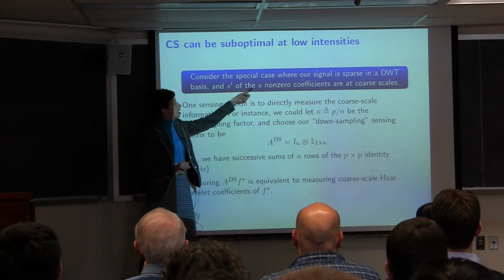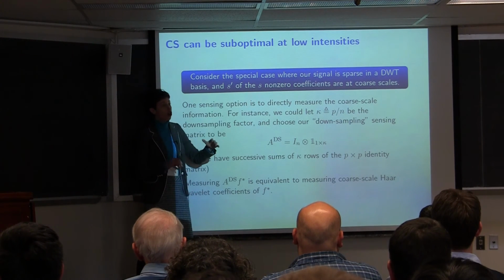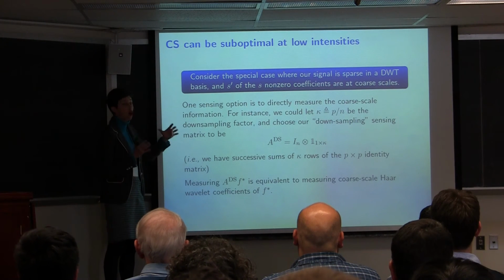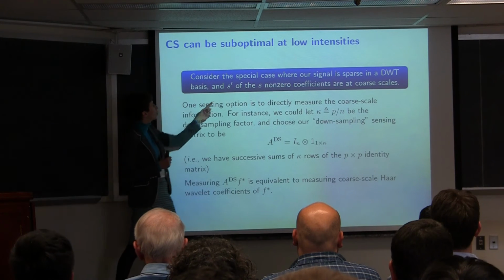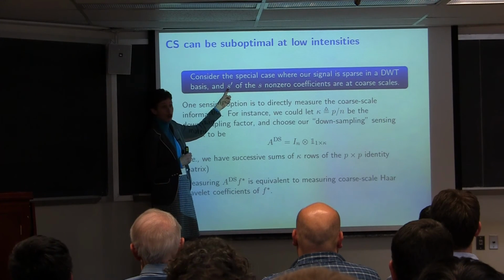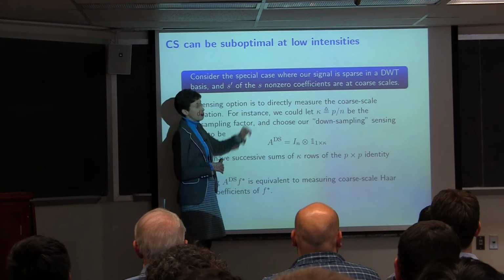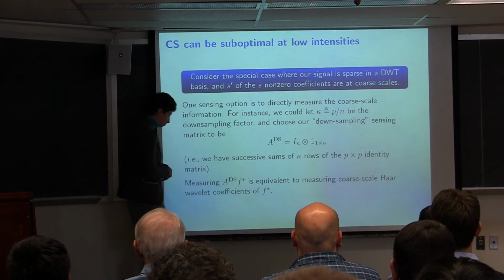Of the S non-zero coefficients, S prime is going to denote how many of them are at coarse scales. You can imagine if you're doing some sort of low resolution downsampling sensing, then you're getting a pretty good idea of what these S prime coarse scale coefficients are, but you're not getting any information at all about the fine scale coefficients.